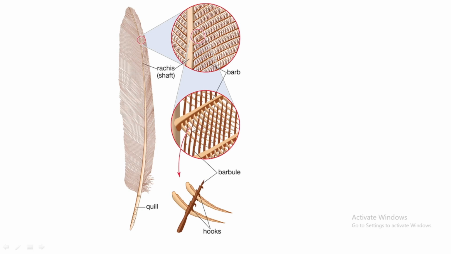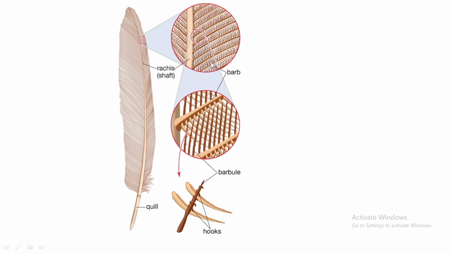Interlocking barbules, I will show that these are the barbules. These are some structures that emerge from the sub branches of the feather. This is the main shaft of the feather, called the rachis, and from that main branch emerge some side branches.